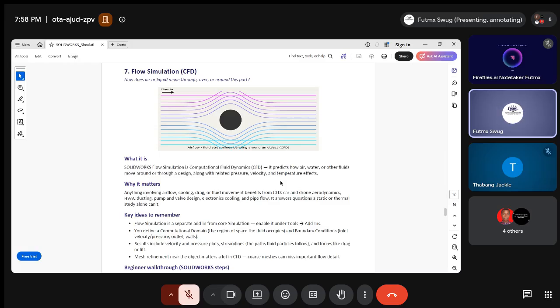And the best scenarios for these are people that do airfoils, maybe in the aerospace industry or even in the marine industry, and the automobile industry as well.